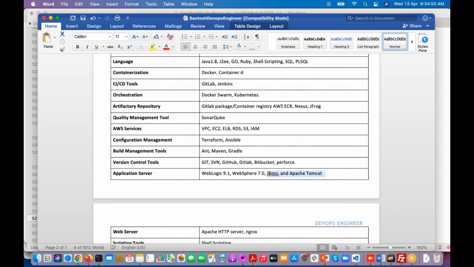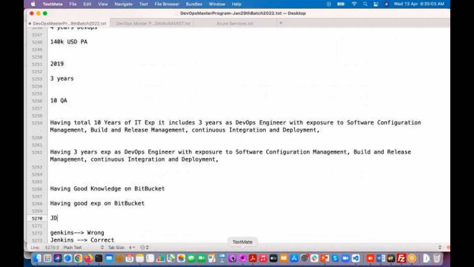JBoss and Apache Tomcat. So Suresh Kumar is asking, is GitLab a CI/CD tool? In the CI/CD tool section, he mentioned yes. So I think I covered this point. See, GitLab we can use as source code management, and you can use it as a CI/CD tool.